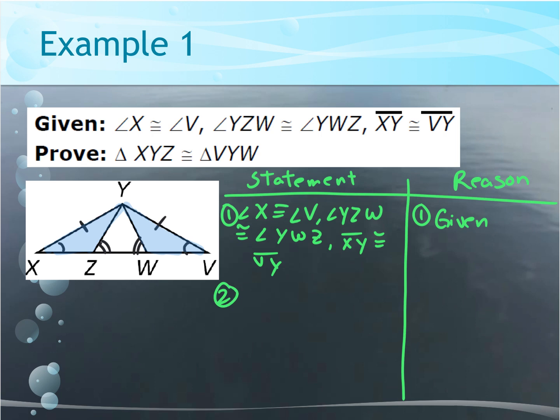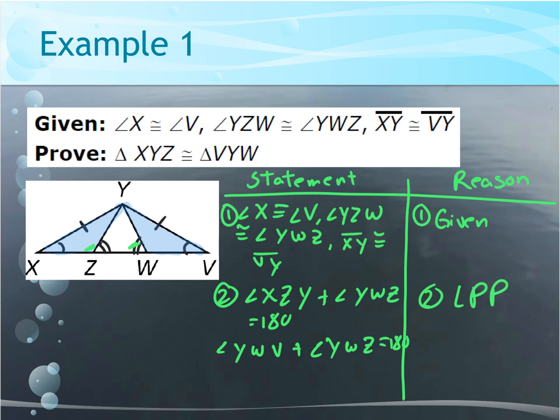For part 2, we can say angle XZY plus angle YWZ, which is this one, equals 180. We can say that is true because YZW and YWZ are congruent, so we can flip-flop them. And I'm also going to say in that step, angle YWV plus angle YWZ equals 180. I'm going to write LPP.